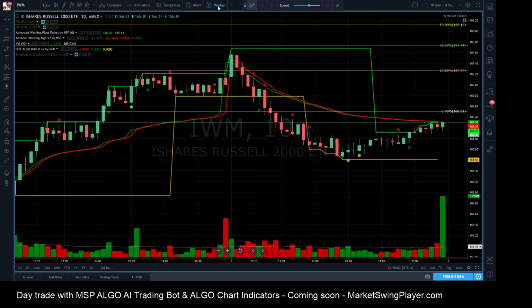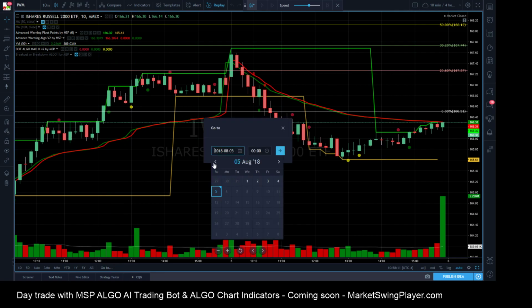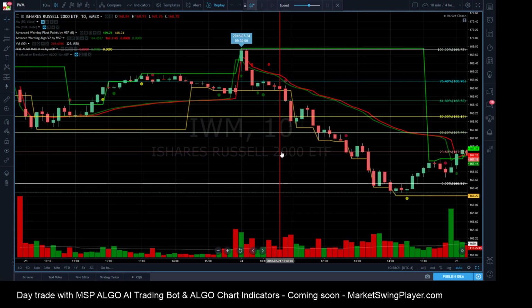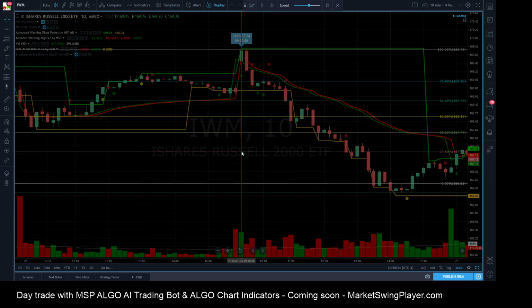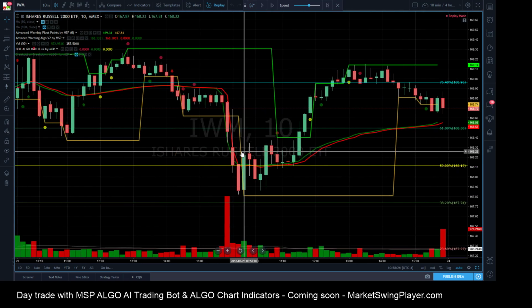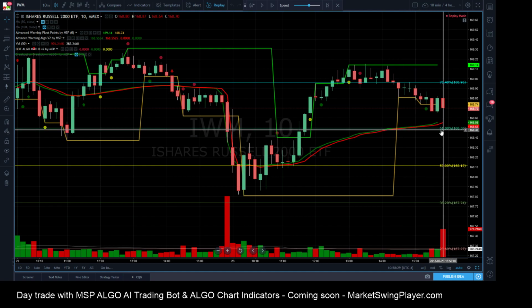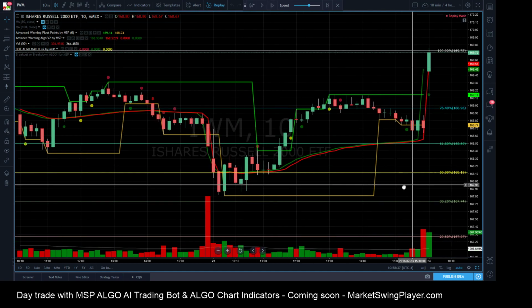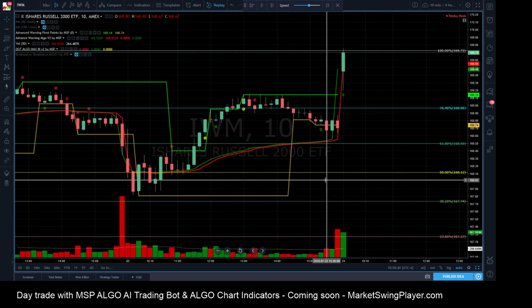That's the only reason I looked at the 60-minute time frame, because I like to be in sync with the time frame I'm looking at in the app. But I also like to use the 10-minute, so we can drill in and see actually what's going on.